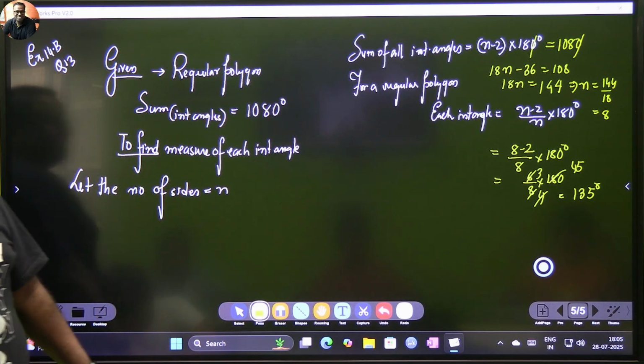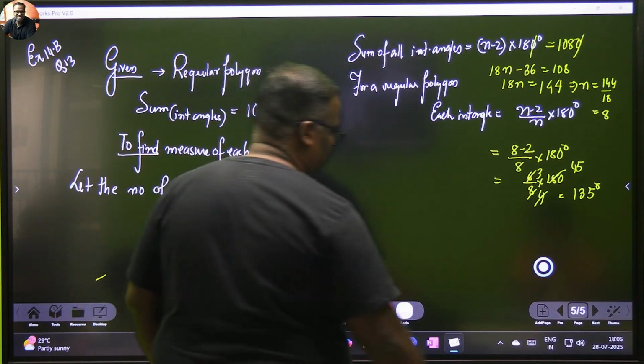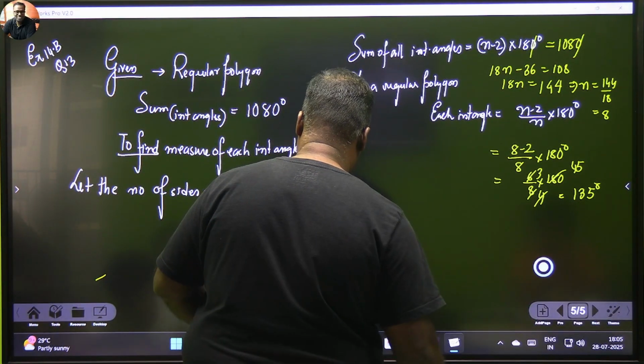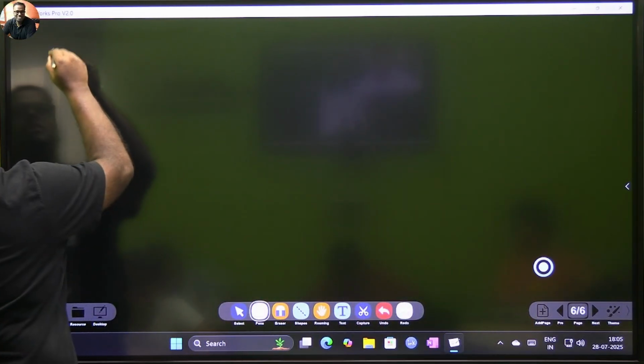Our question number 14 is also very interesting. Let's look at question number 14. Are you done with this? What does question number 14 say?